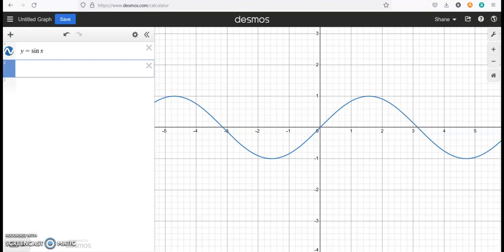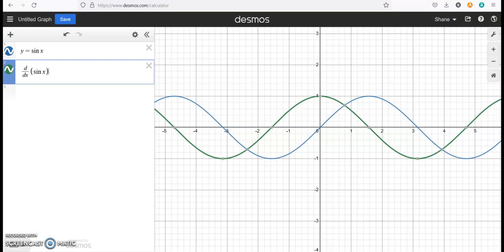And now on that same graph, I'm going to graph the derivative of sine of x. Okay, so in blue here we see the graph of y equals sine of x, and in green we see the derivative of sine of x.